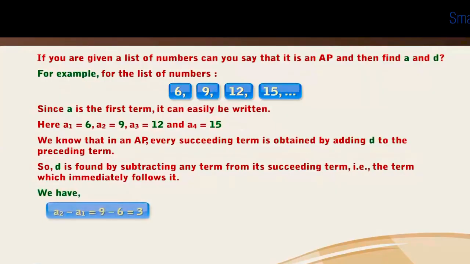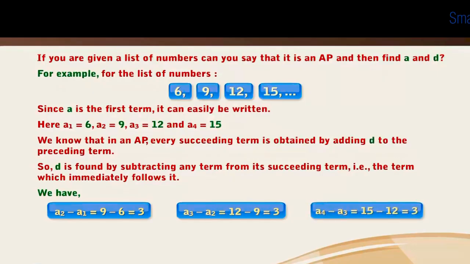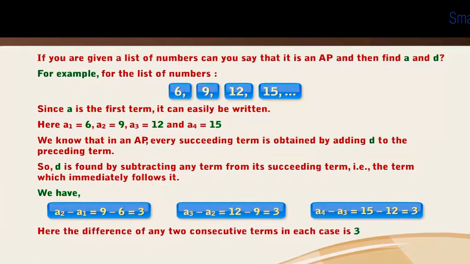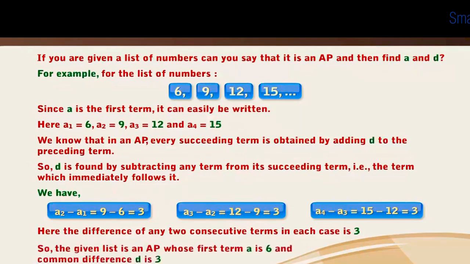We have a2 minus a1 is equal to 9 minus 6 is equal to 3. a3 minus a2 is equal to 12 minus 9 is equal to 3. a4 minus a3 is equal to 15 minus 12 is equal to 3. Here, the difference of any two consecutive terms in each case is 3. So, the given list is an AP whose first term a is 6 and the common difference d is 3.